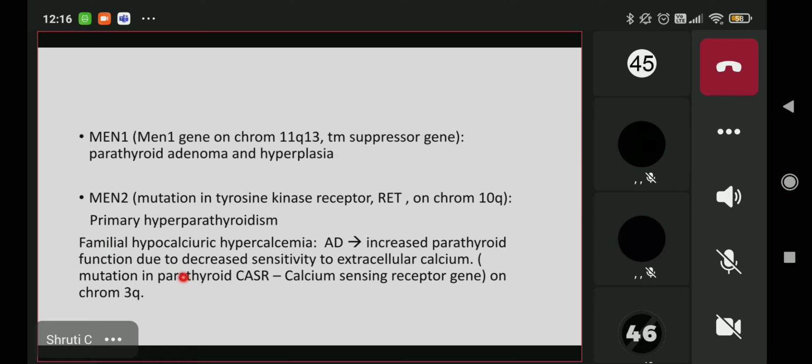So this entity is known as familial hypocalciuric hypercalcemia. It means the gland is not sensing even if the calcium is increasing, and it is not giving the negative feedback that parathyroid hormone should be secreted in lesser amounts. So basically there is no negative feedback loop.